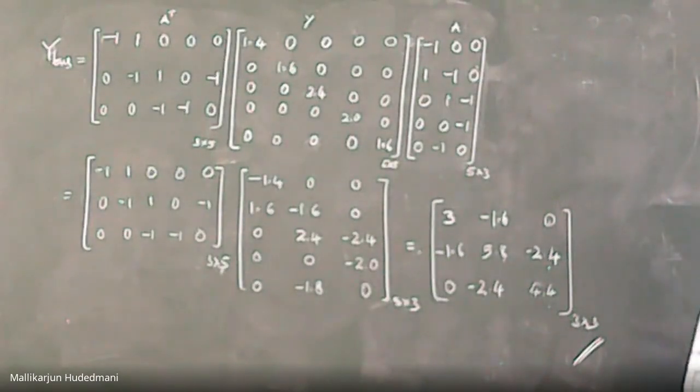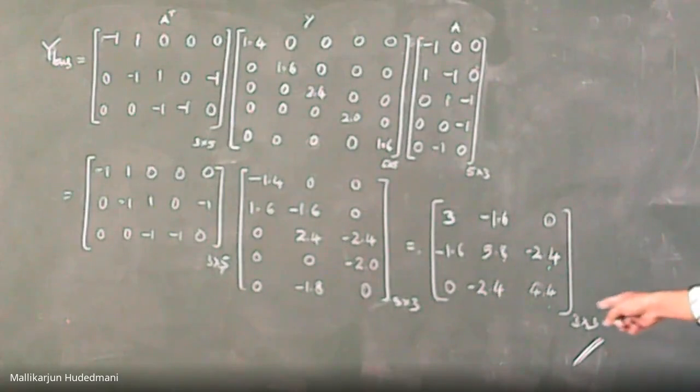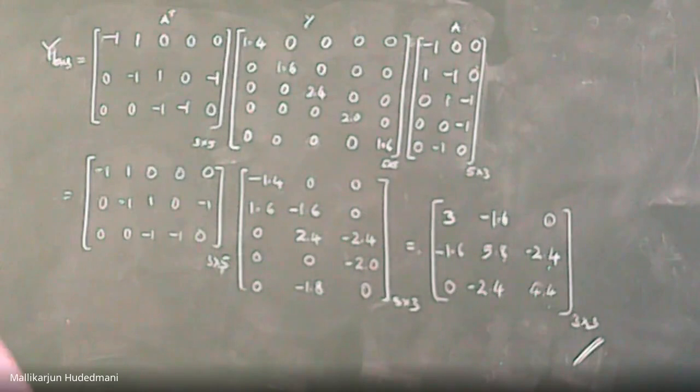Y bus problem ends here only. See, the steps were very simple. Of course, we had very detailed interaction with the first problem. When the problem is posed to you with this preliminary, you must be able to work it out. So what is the dimension ultimately? 3 cross 3. We had a 5 cross 5 A matrix, from which we took the answer.